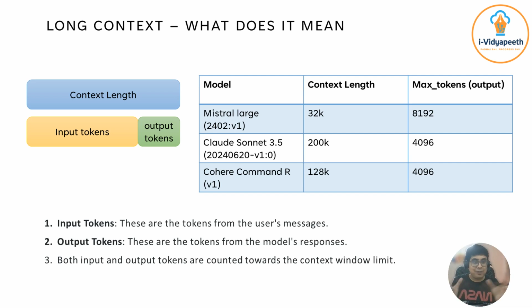So what is a token? We have not discussed tokens yet. Consider tokens as words. I think 3 tokens is about 4 words or something like that. We will discuss it in the next slide.